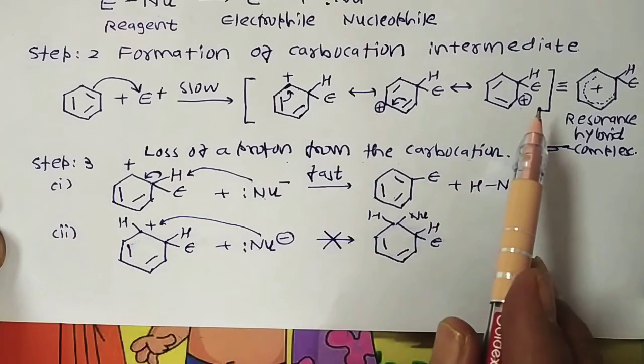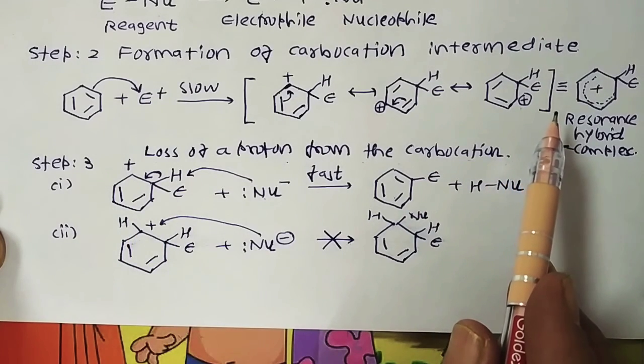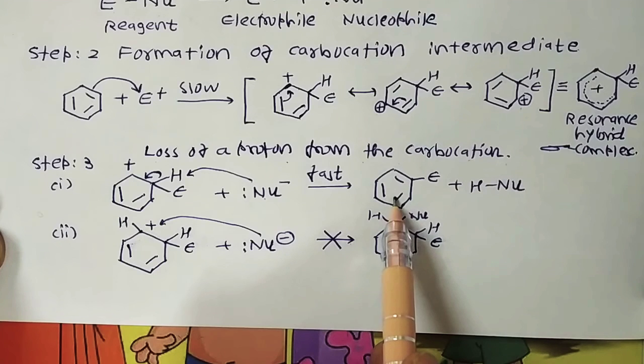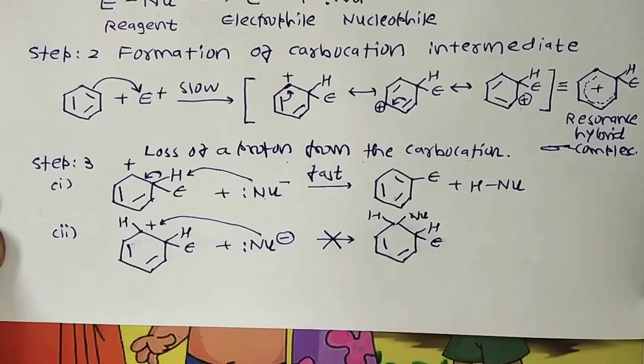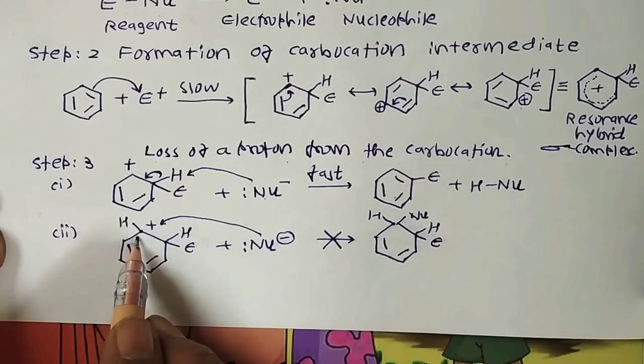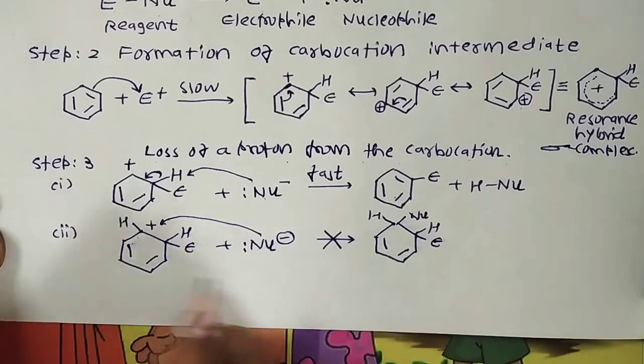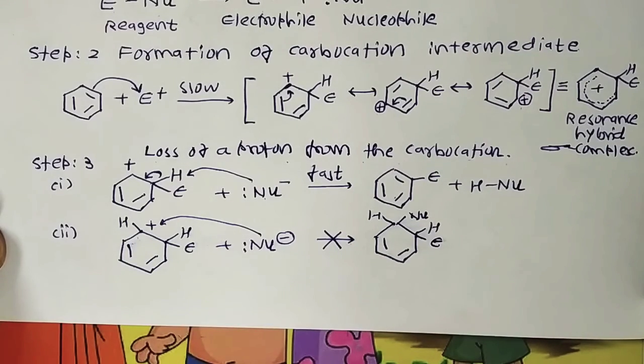First the aromatic character is destroyed, and in this step it is restored. Some people say that alternatively the nucleophile may attack the carbocation intermediate to yield the addition product. No, it's not possible, because this addition is not observed, since during these addition reactions the aromatic character of the benzene is lost.